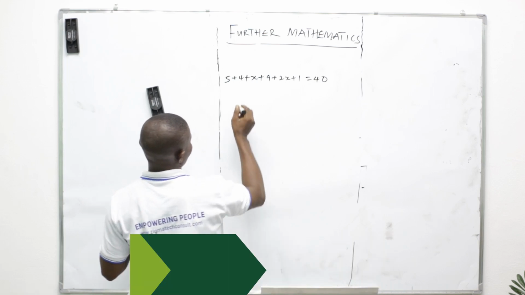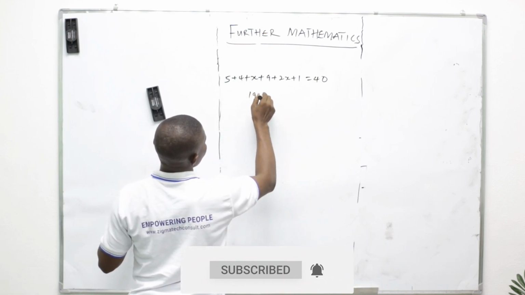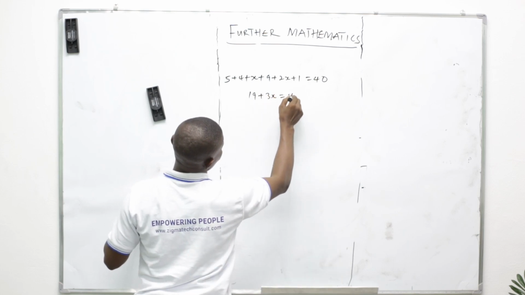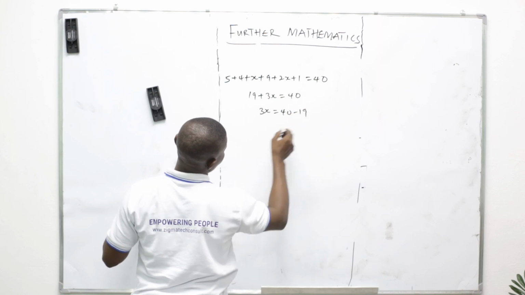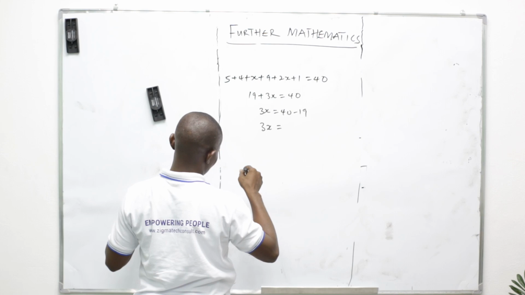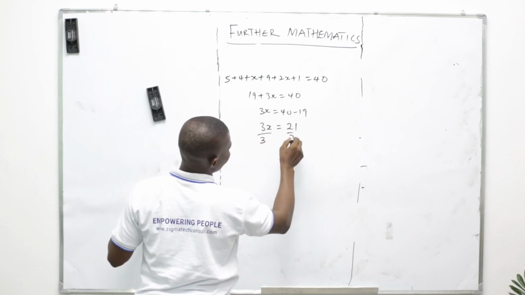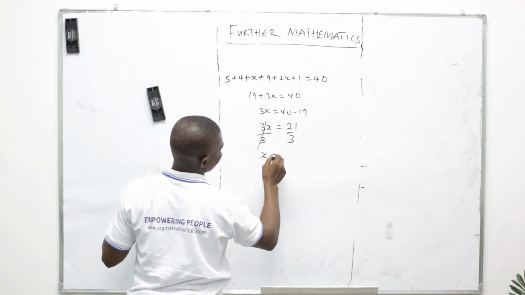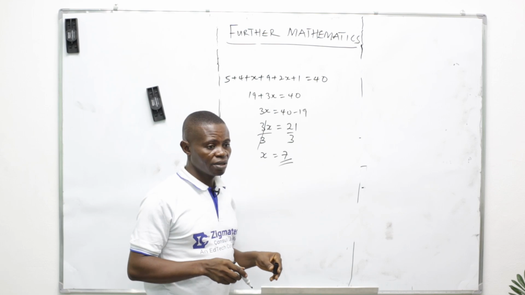Good. This is 9, 18, 19 plus 3s equals 40. 3s equals 40 minus 19. 3s equals 21. So that s will be who? 7. Good. Now we have value of s.